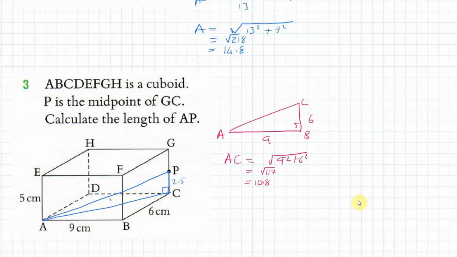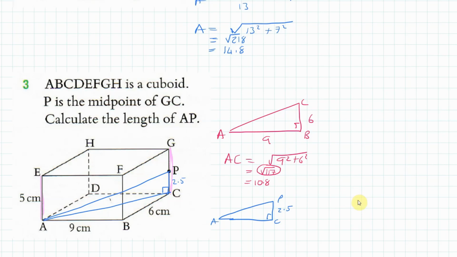Now I'm going to actually use this answer in my next part so that I've got an accurate answer, because square root 117 is an exact answer. Now let's look at triangle ACP. Okay, we know that ACP is a right angled triangle where PC is 2.5 because P is the midpoint of CG, and we know that CG is equal to 5 because this is 5, so this must be 5. So therefore halfway is 2.5.